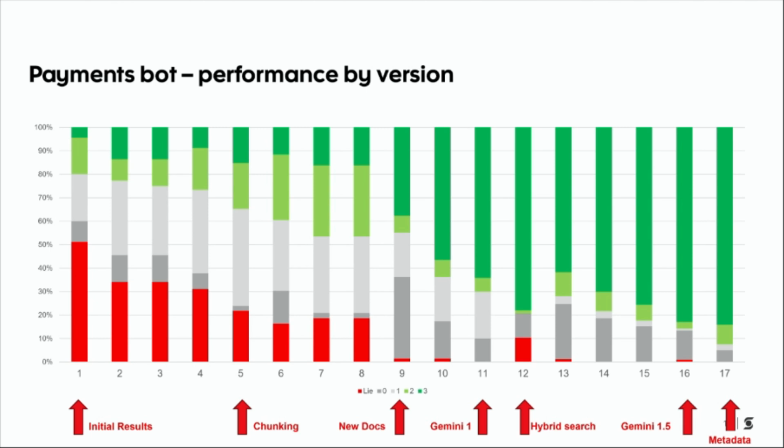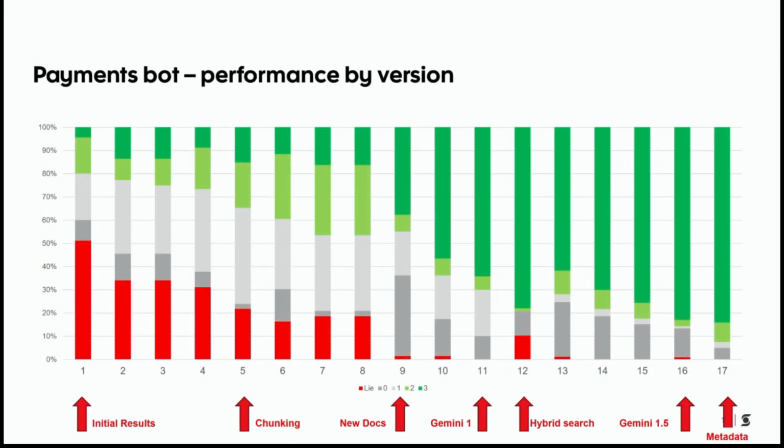The two shades of gray are not lies; they are just irrelevant answers. The answer is accurate, but not on topic. The two shades of green are good or perfect answers. So we want to maximize the percentage of green on the chart. You can see here 17 experiments that the team went through, and some of them are here.